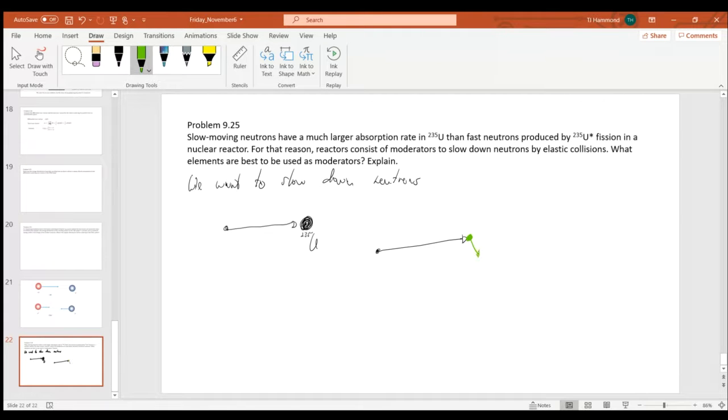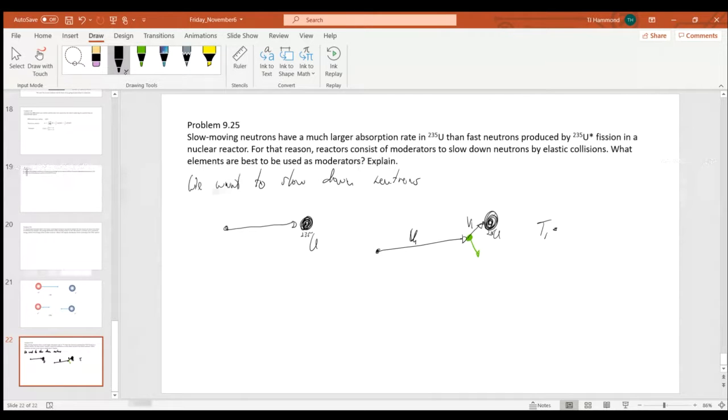This unknown object recoils, and then the neutron goes at some slower speed, and then hits the uranium. And then this can allow for fission. Okay, so this is our initial velocity, or U1. And so what we want to do is minimize V1.